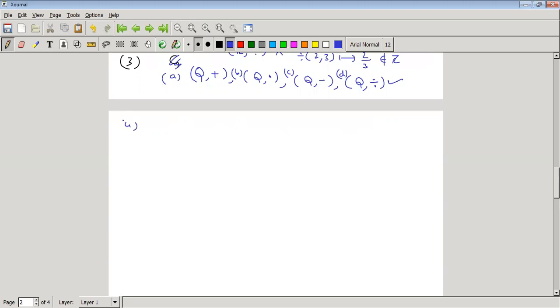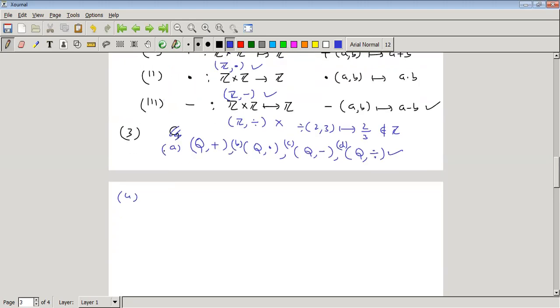Similarly, if I take G equal to the set of real numbers, R is the set of all real numbers. So R under addition, the sum of two real numbers is again a real number.